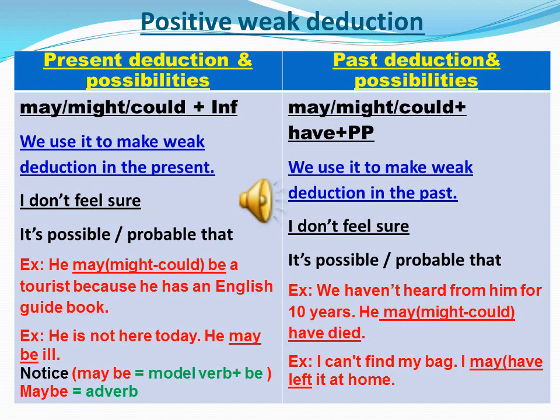It's possible I left it at home. I don't feel sure that I left it at home. In these two examples, we use may, might, or could plus have plus past participle to make a weak deduction in the past and to express possibilities in the past.